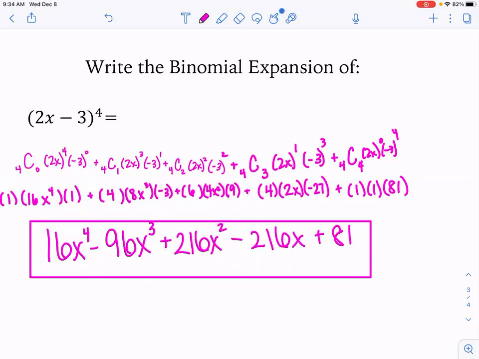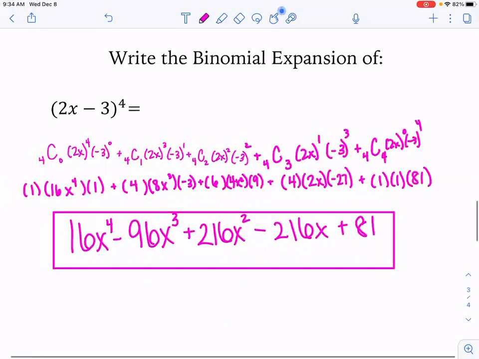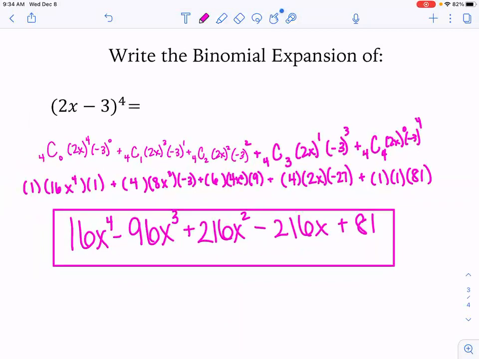However, I feel like the room for error in this compared to FOILing 3 times is quite a bit different, okay? I think it's a lot easier to make a mistake when you're multiplying binomials together than it is when you're setting this up. Okay, as long as you understand the process.